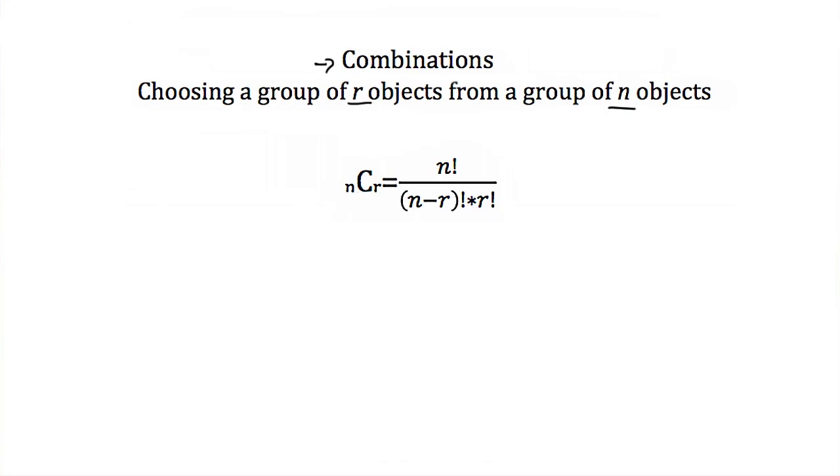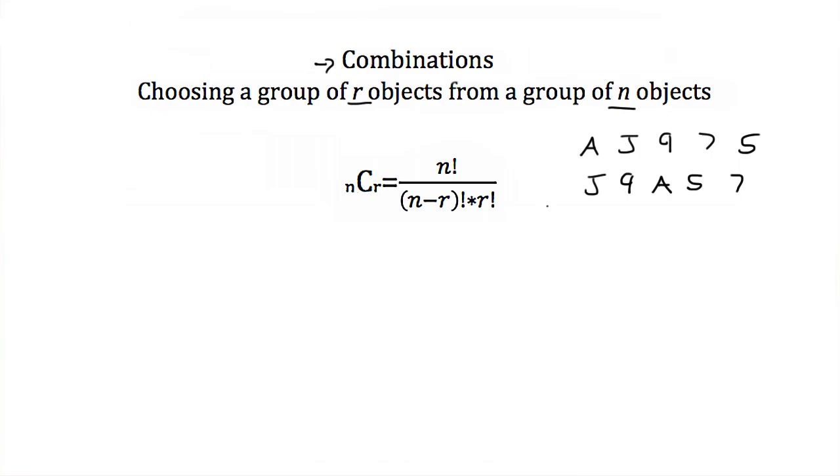An example of this would be being dealt a hand of 5 cards. If I was dealt the ace of spades, the jack of spades, the 9 of spades, 7 of spades, and the 5 of spades, I would have the same poker hand as if I had been dealt the jack of spades, 9 of spades, ace of spades, 5 of spades, and 7 of spades.